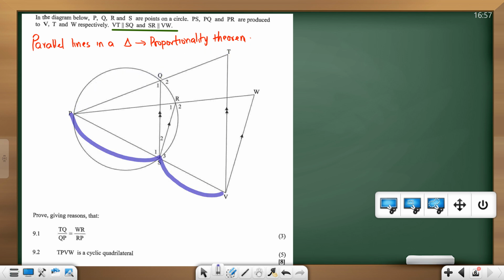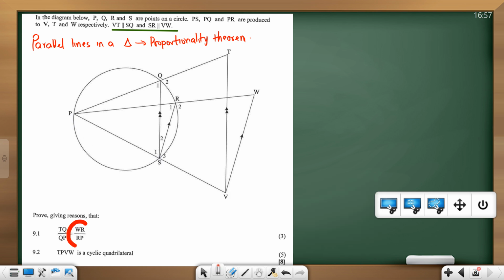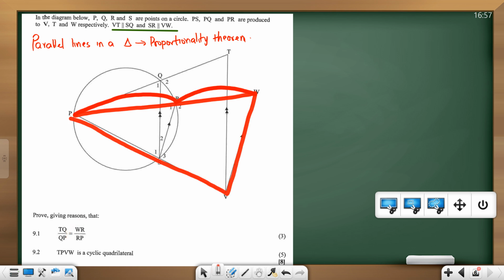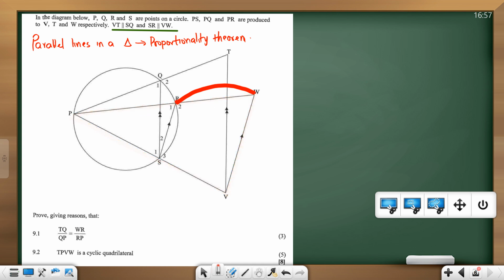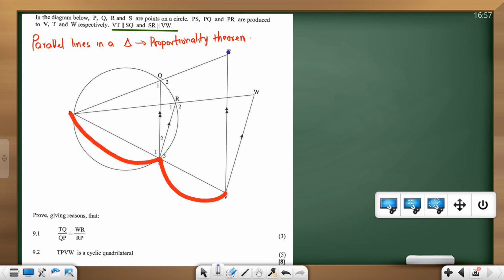All right. Now watch the next one. They said I should prove that it is equal to WR over what? RP. Oh, wait. Do you notice that that comes in another triangle? WR over RP is VS over SP. Watch this. Do you see? Talk to me. Look at my highlights.